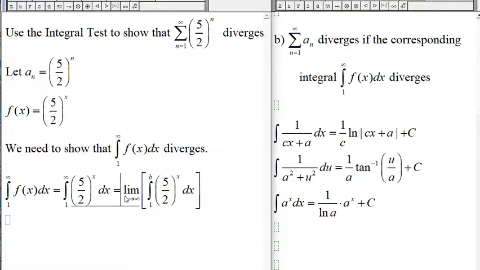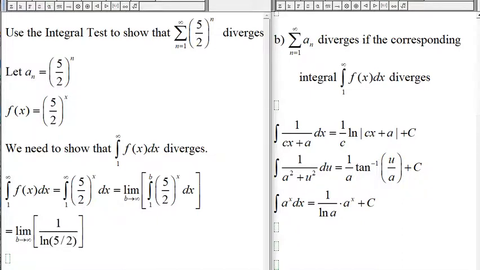And so this is equal to, and then the integral is going to be 1 divided by ln 5 halves, and then times 5 halves to the x.